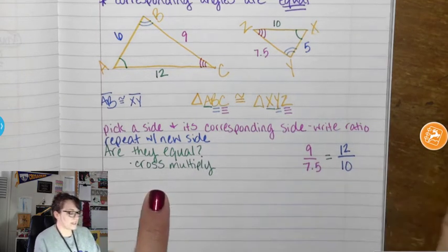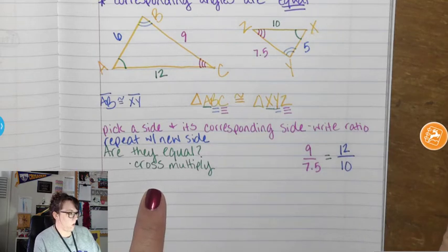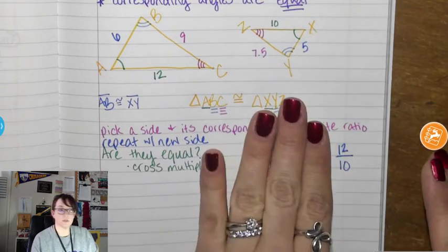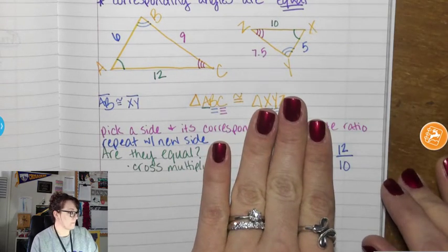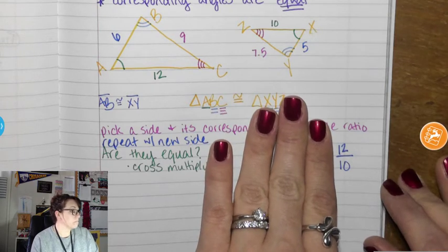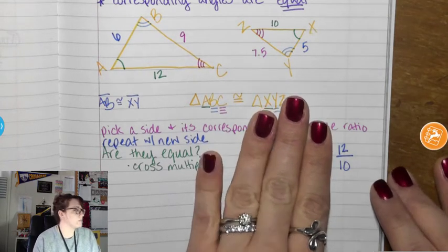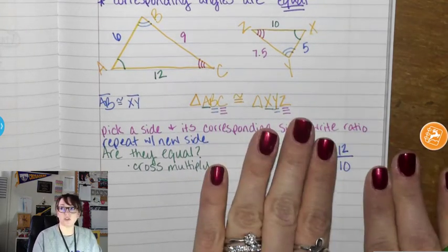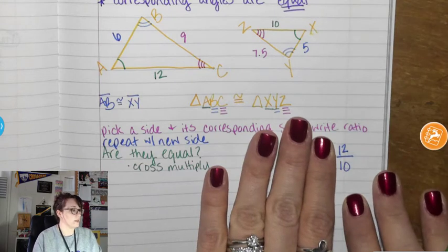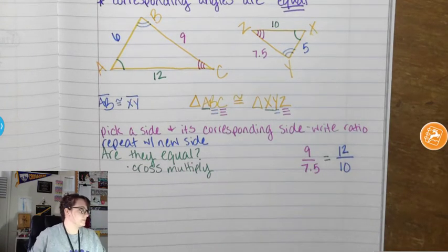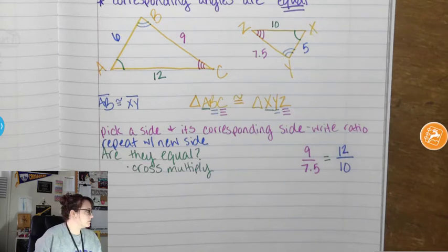Is there another way we could test if they're equal? How can you test if this fraction is equal to this fraction? You could change this to a decimal by dividing, and you can change this one to a decimal by dividing. Most people don't want to, but you can. But what we're going to do with this tomorrow, you probably don't want to do it that way, but you could.